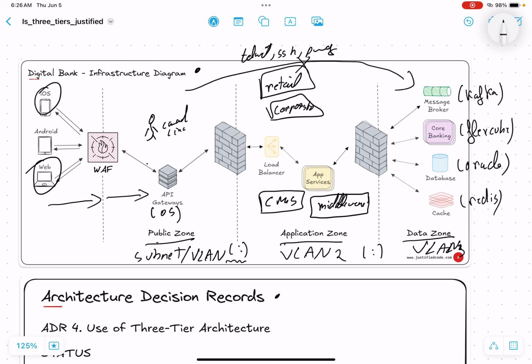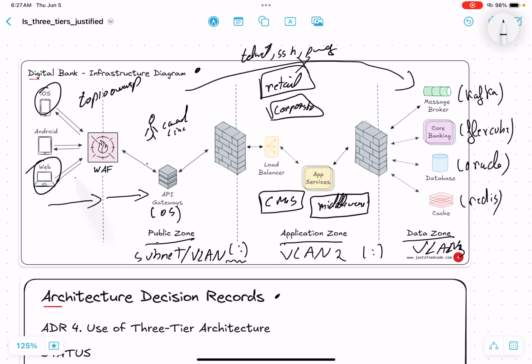Even though the WAF, for instance, has all the top 10 OWASP vulnerability checks and all the kind of traffic control checking, you have to always assume that an attacker is able to access your public zone.